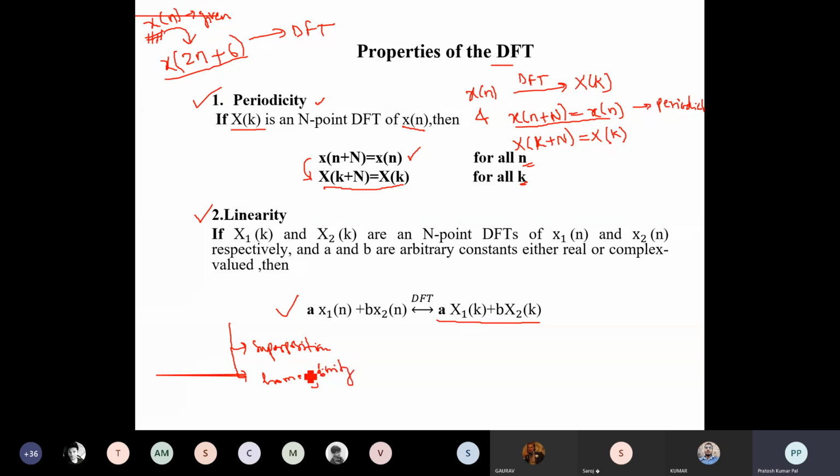It should follow superposition and homogeneity, then it will be considered a linear system. The same linear system property, that is linearity, can be shown by the DFT also. So it will have this superposition and homogeneity principle.